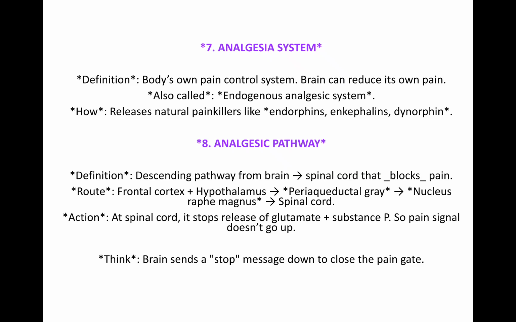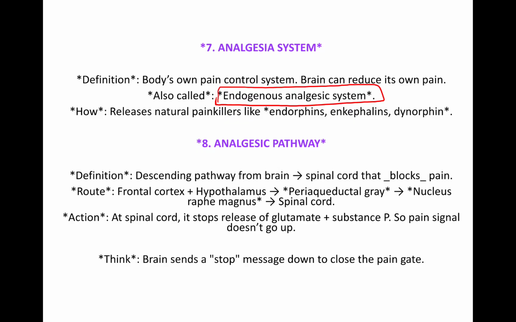Now, what is the analgesia system? It is nothing but the body's own pain control system. The brain can reduce its own pain, also called the endogenous analgesic system. Endogenous means within the body, right? Okay, how can this happen?